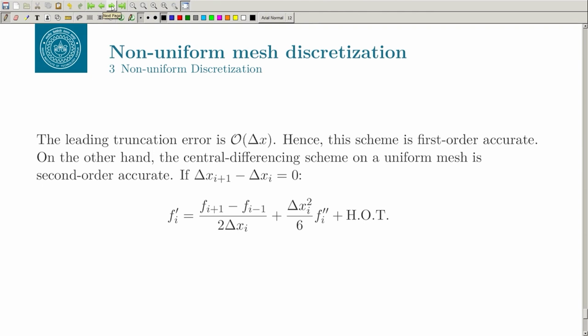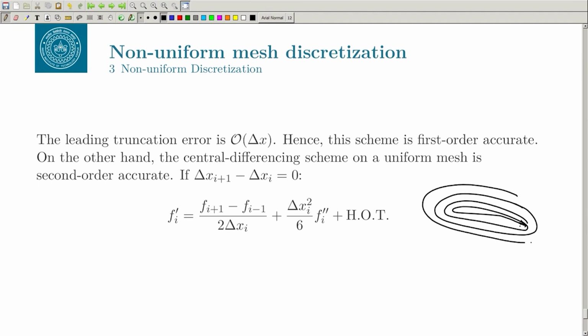For example, if you want to do flow over an aerofoil, this is your aerofoil, and your mesh will look something like this. The center one is your aerofoil. So, can we use our compact scheme, or whatever finite difference discretization we have discussed, on these kinds of systems?